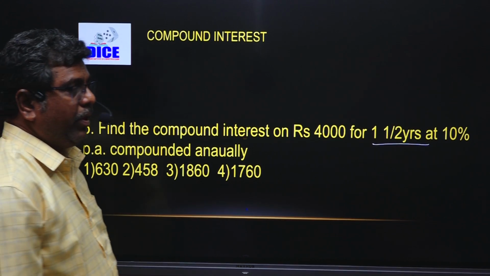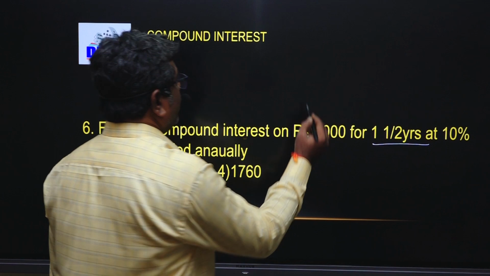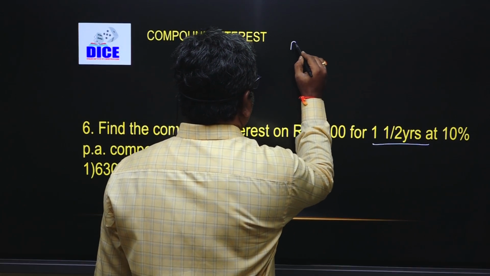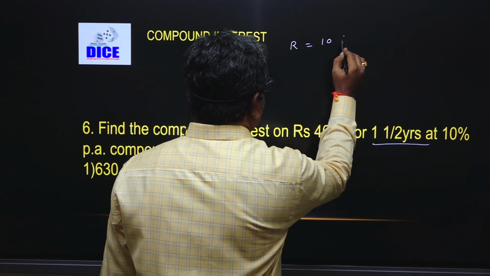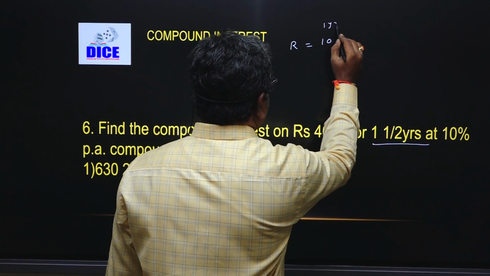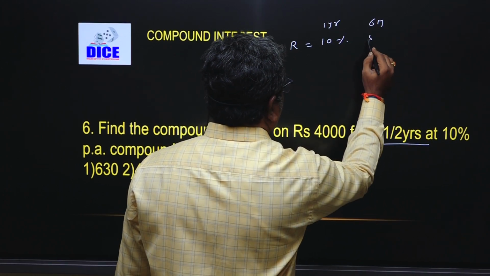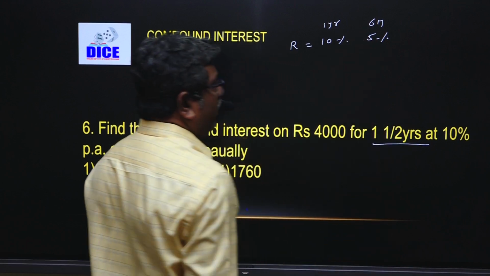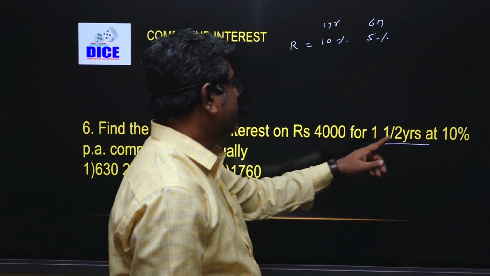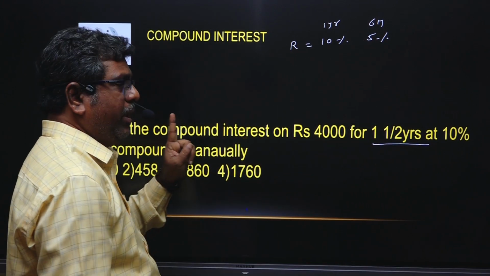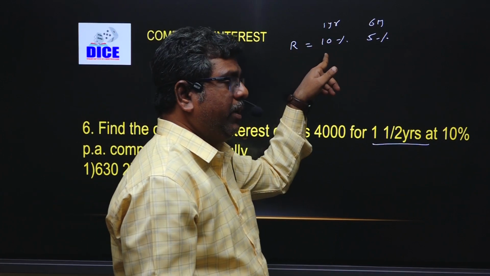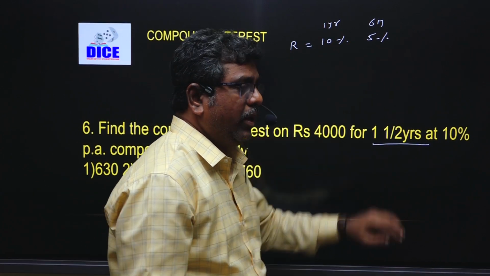Now see here, first of all, R is equal to 10% per annum. Per annum means for 1 year. The value for 1 year is 10%. For 6 months it becomes half the value, 5%.